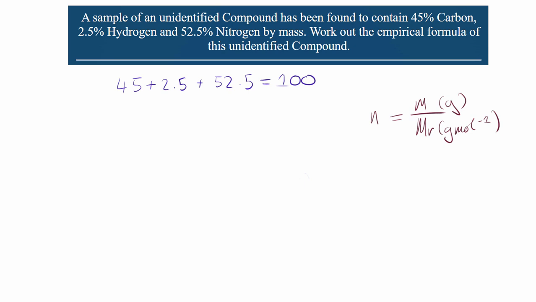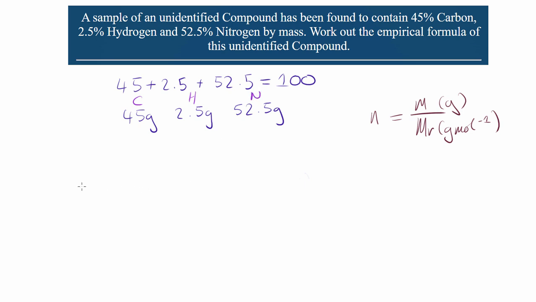Based on that assumption, this is going to be 45 grams, 2.5 grams, 52.5 grams for carbon, hydrogen, and nitrogen.